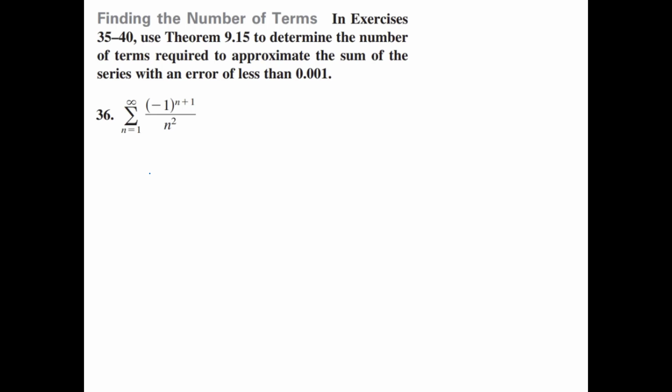In this next problem, in exercises 35 through 40, use theorem 9.1.5 to determine the number of terms required to approximate the sum of the series with an error of less than 0.001.